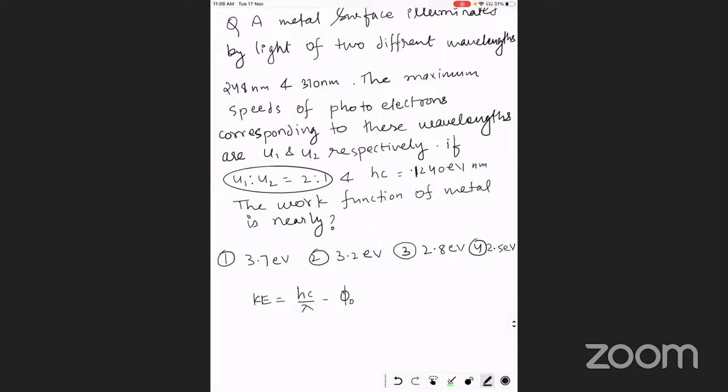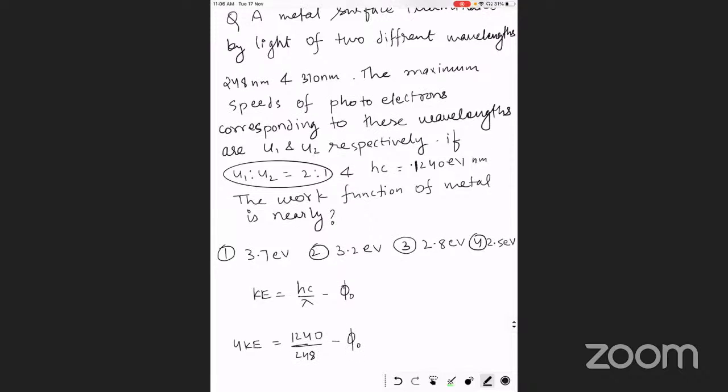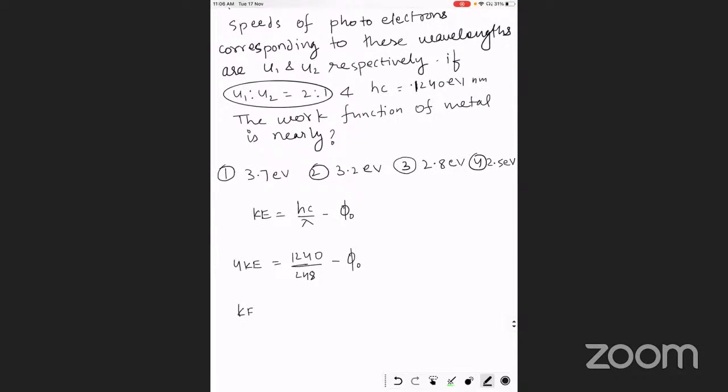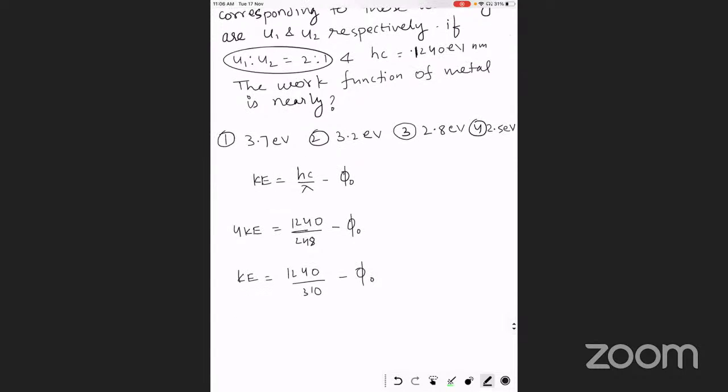Means in case 1 kinetic energy is 4 times as compared to case 2. 1240 divided by 248 minus work function. And the next equation is KE is equal to 1240 divided by 310. Could you understand these two equations? To solve these two equations, you will get work function is equal to 3.7 electron volt.